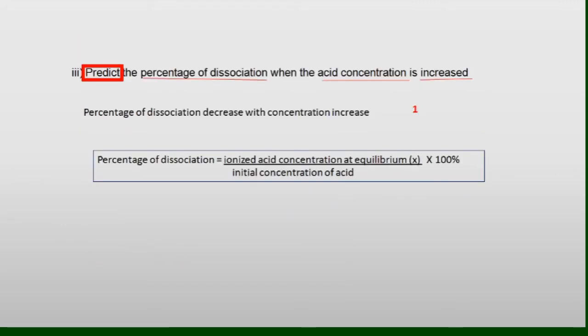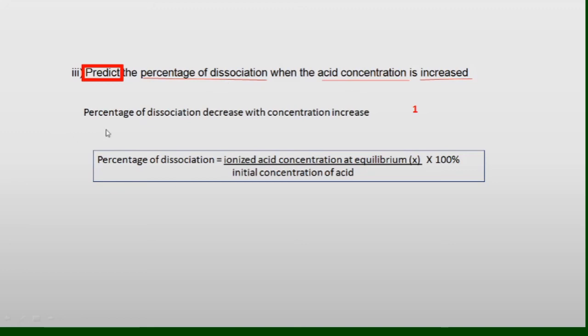Okay, so next question 3. Predict the percentage of dissociation when the acid concentration is increased. So the keywords here are predict, the percentage of dissociation and the acid concentration increase. We know here that we need to compare the percentage of dissociation and acid concentration.